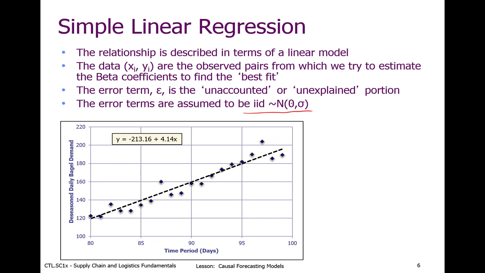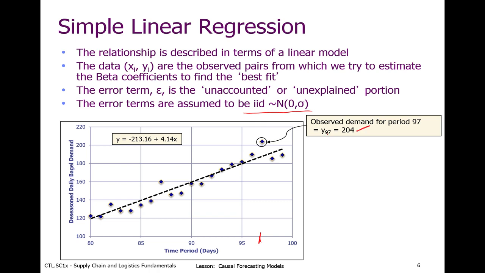So this is what we came up with in our data. And let me just point out a couple things here, just to make sure everyone understands. This point that I just circled is for time period 97, and that's the observed demand. And so we sold 204 bagels on the 97th day. So that's y sub 97 equals 204.